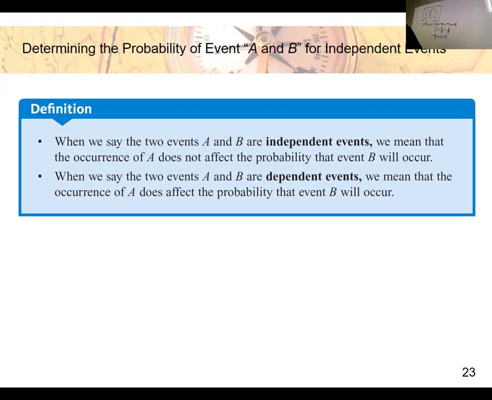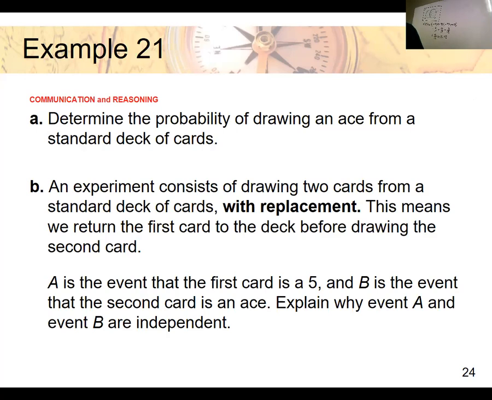Now, of course, dependent means what I get for event A has an effect on the probability that event B will occur. We're going to talk about what dependent means in a few minutes. So here's an example.